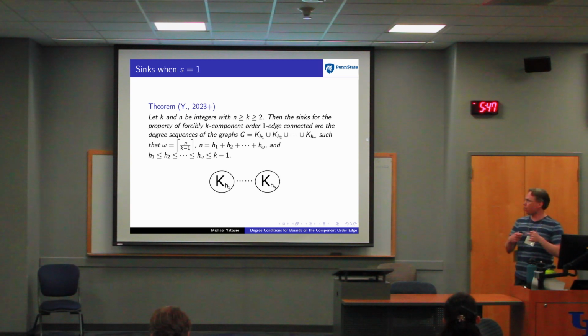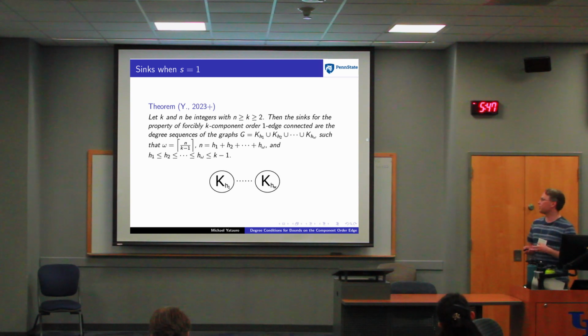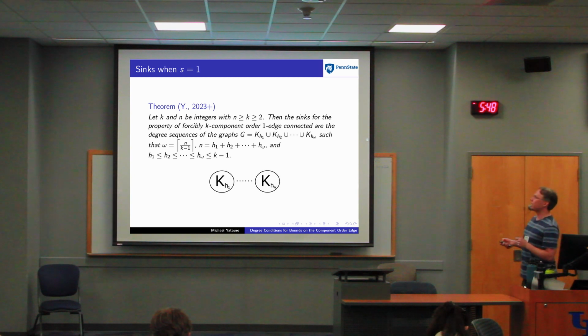Because if the two smallest parts had a sum of vertices that was K minus 1 or less, you could just add all edges between them and get a component of order at most K minus 1. So you need the sum of the orders of the smallest two components to be greater than K minus 1. And it turns out to do that, you just need the partitions of the number of vertices so that every part is at most K minus 1 and you have the fewest number of parts possible.